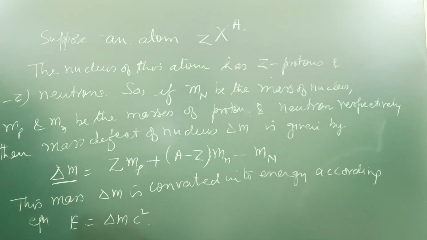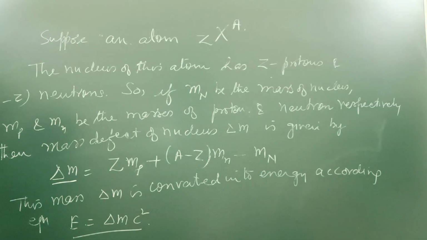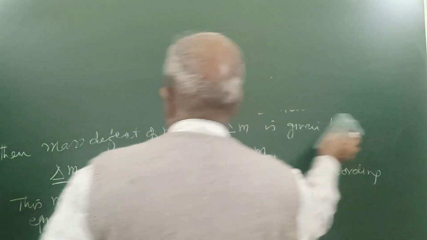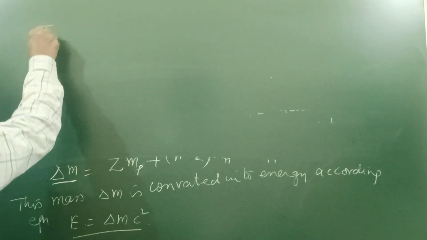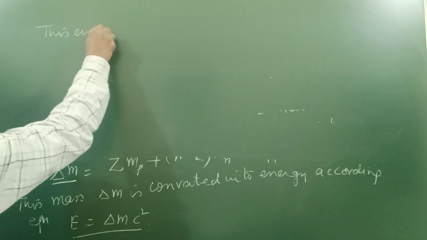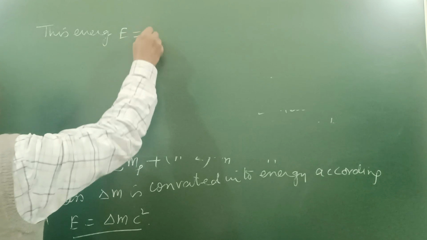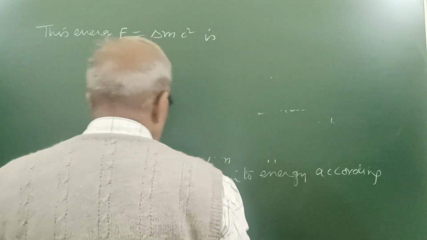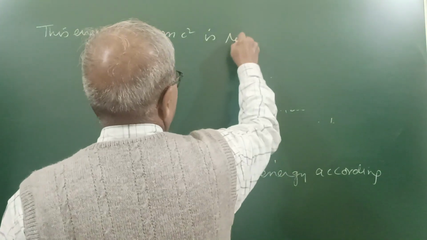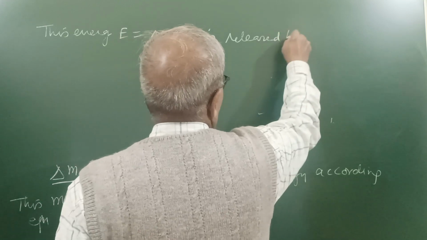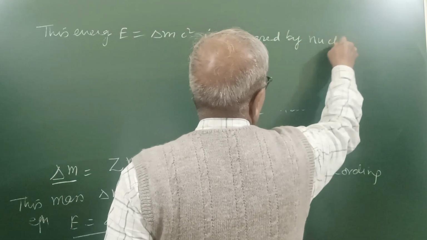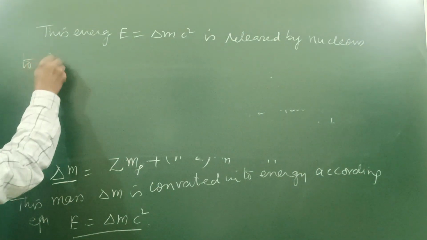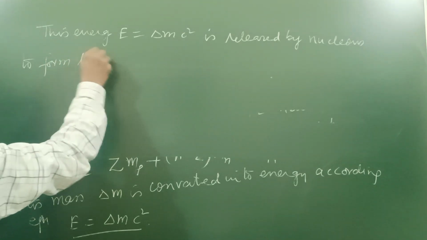Now where does this energy go? This energy, E equal to delta m into c square, is released by nucleons to form the nucleus.